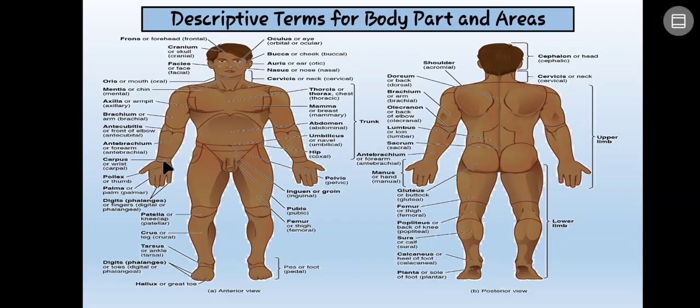Then we have the carpus or the carpal over here, or the wrist. This is what we refer to as the wrist, where we usually fix our wrist watches and all that. Here we refer to this region as the palmar or the palm. Between the arm, which is the brachial, and the forearm, which is the antebrachial, is the antecubital, which is in front.